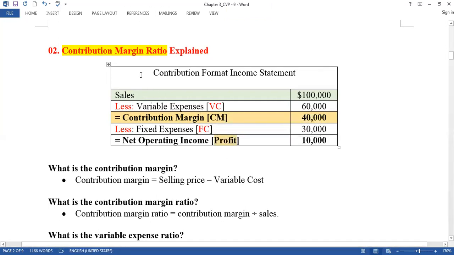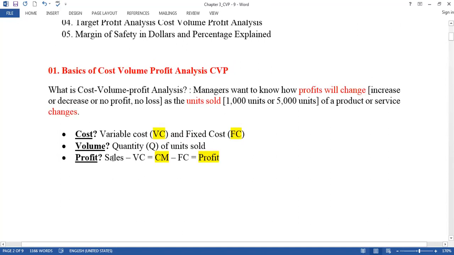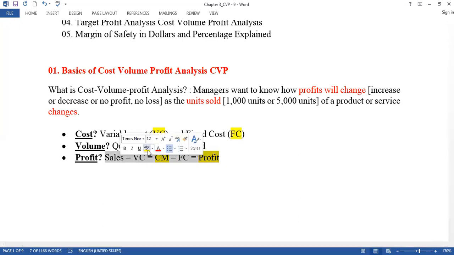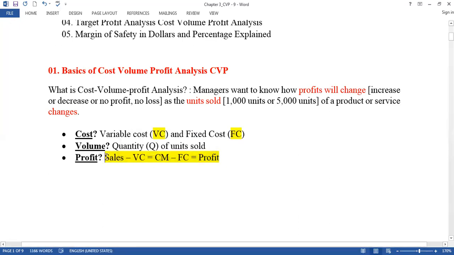So this formula is very, very important for this chapter. You must remember this by heart: sales minus variable cost equals contribution margin, minus fixed cost equals profit. This is the main formula in this chapter, and anyway, you have to remember this.